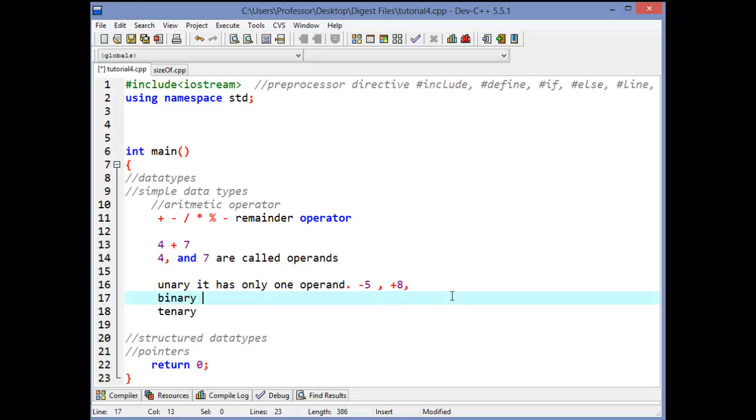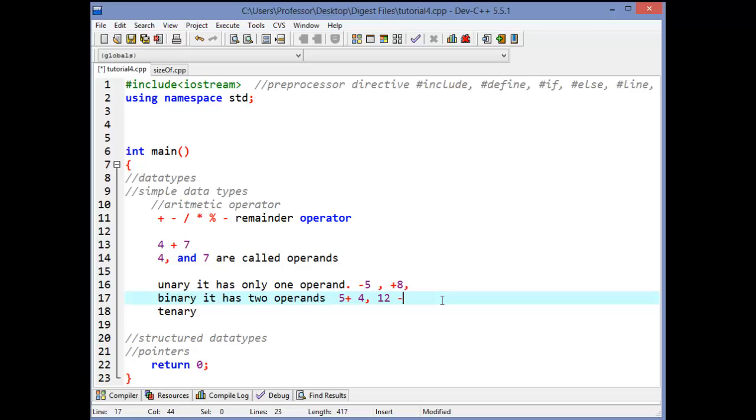Then when we say that an operator is a binary operator, it has 2 operands. Is that okay? A binary operator operates on 2 operands, and almost all our arithmetic operators are binary operators. So for example, if I write 5 plus 2, is that okay?